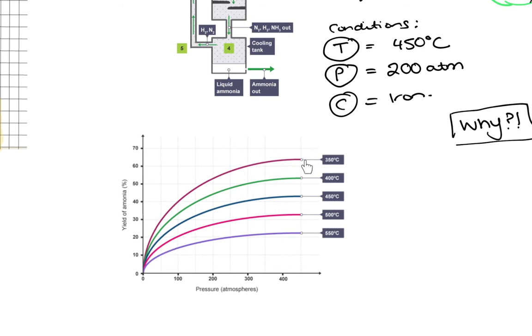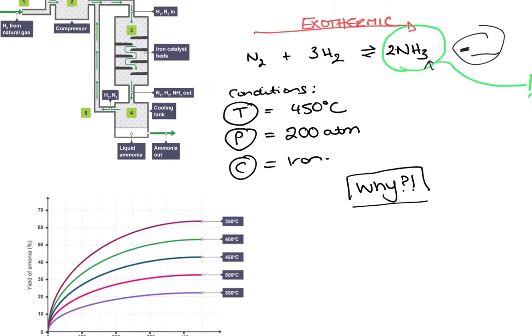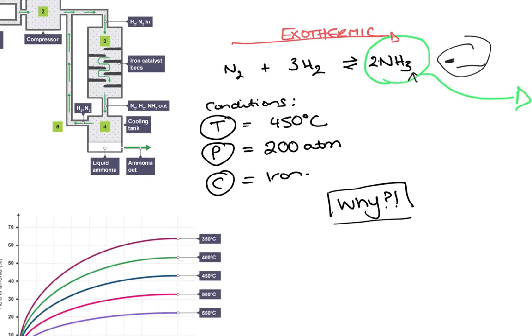Your steepest curve up here is your lowest temperature, 350 degrees, and your most shallow curve down here is 550 degrees. What this shows us is that the best yield of ammonia comes from a low temperature. Why is that? Well, that's due to the fact that we have got an exothermic forward direction.